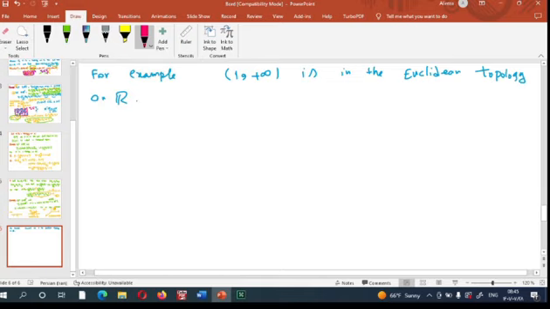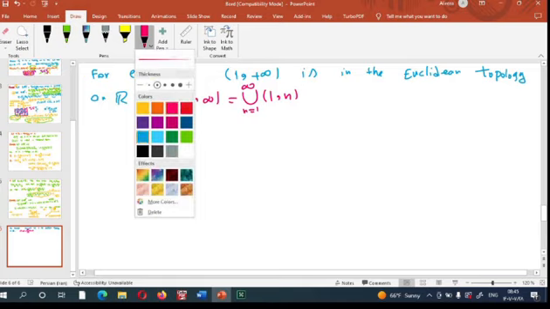You can write this by this union. So this set is a union of intervals, open intervals.